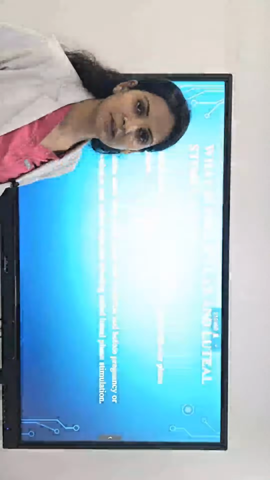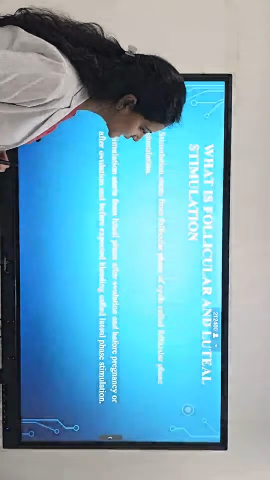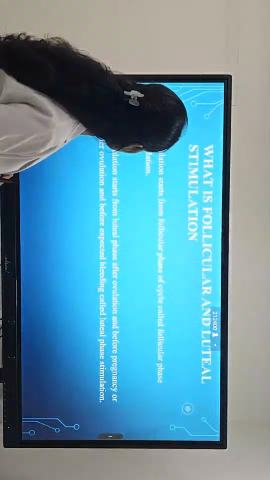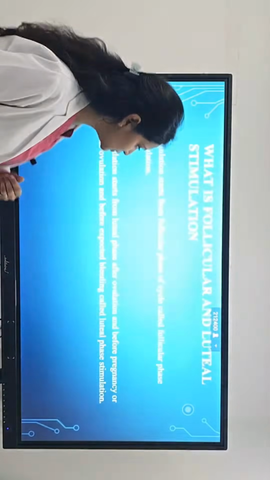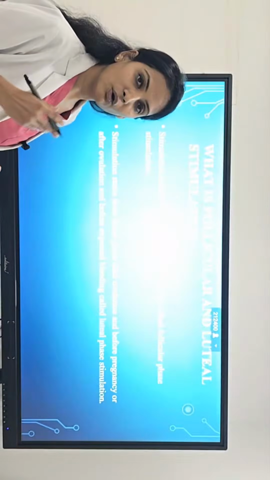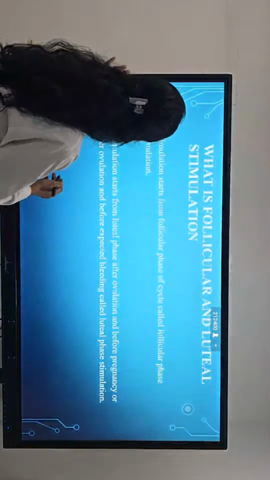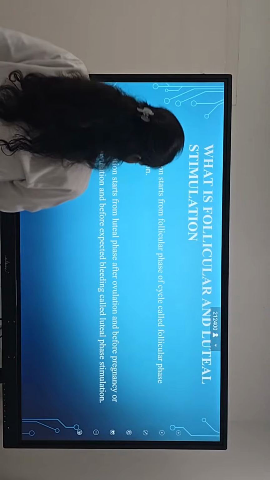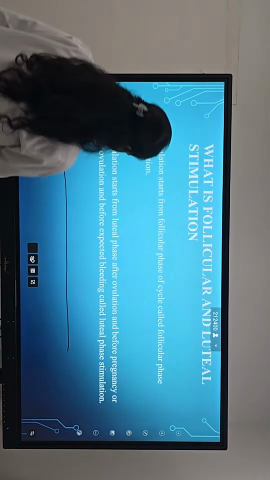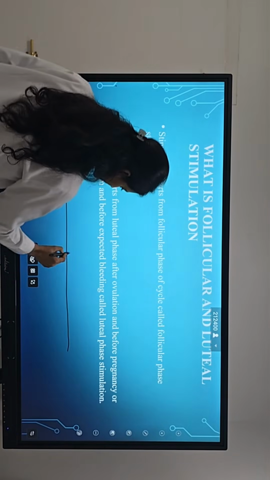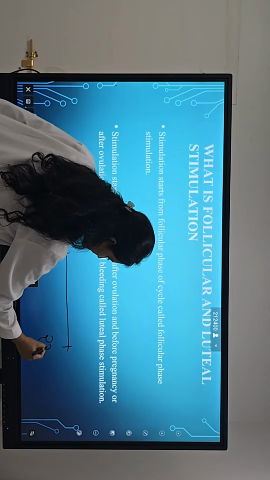So first we start with what is follicular phase stimulation. Stimulation started from the follicular phase of the cycle is called follicular phase stimulation. Then what is luteal phase stimulation? Luteal phase stimulation is starting stimulation after the ovulation. Like if we see, this is day 1, this is day 14, this is day 28.